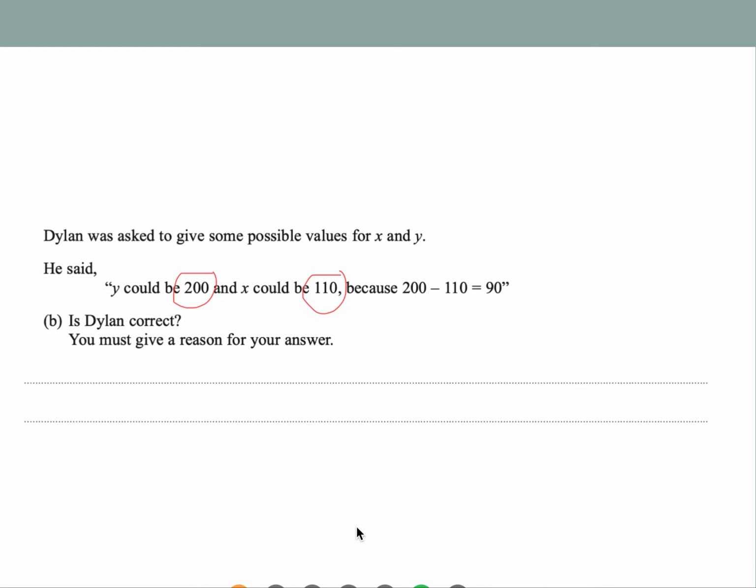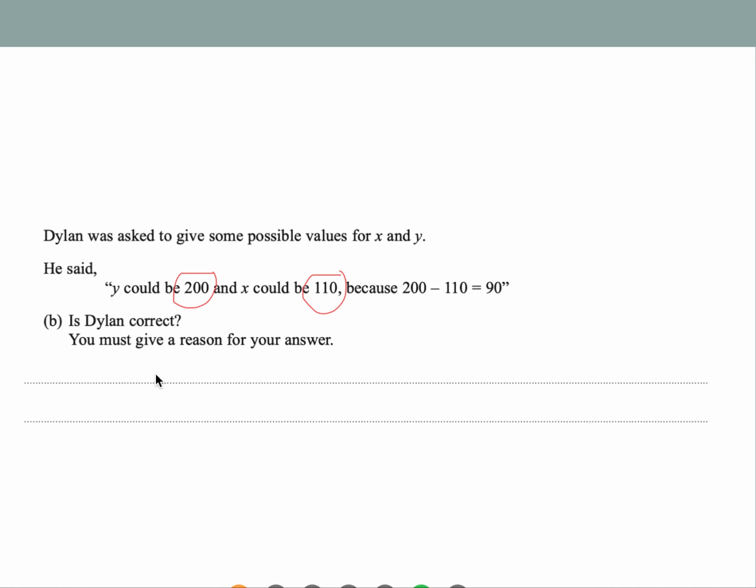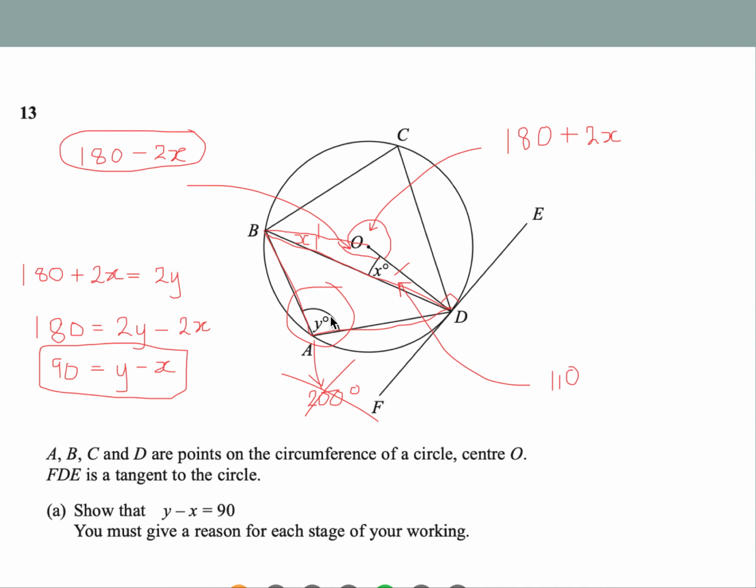But also, if y is 200, well, in this triangle ADB, that's already over 180 degrees, which is what a triangle would be, so it can't be that. So no, he can't be correct, because those angles are too big. They wouldn't make sense with our triangles.